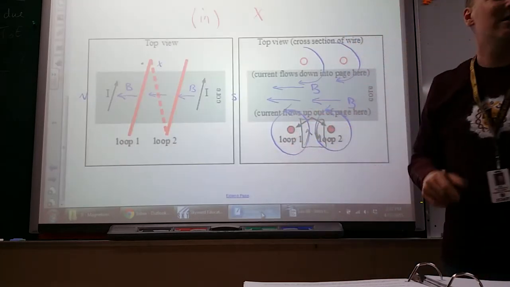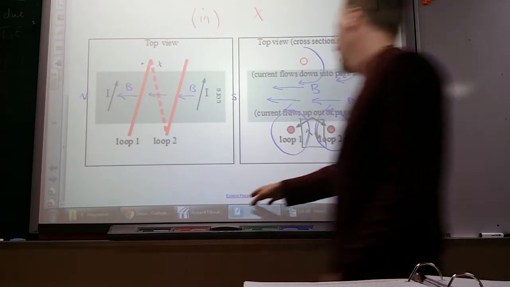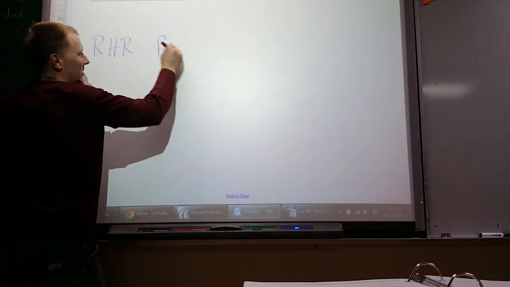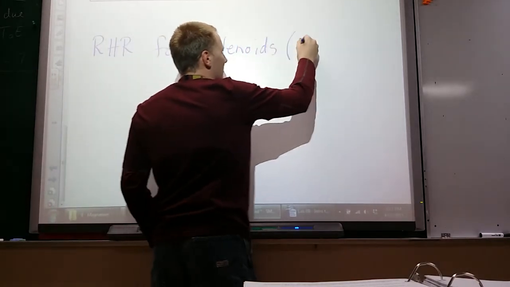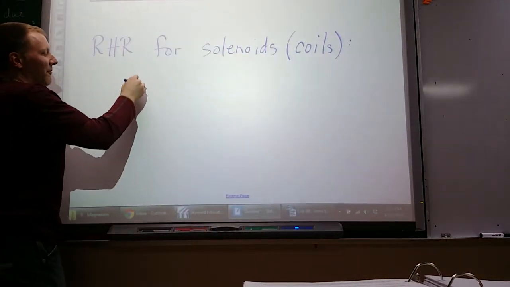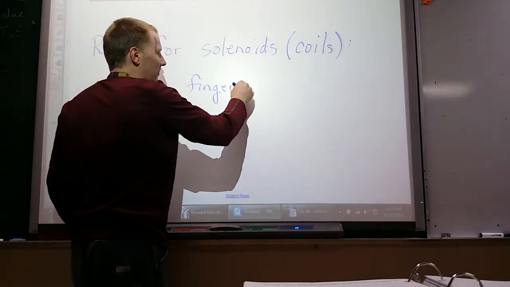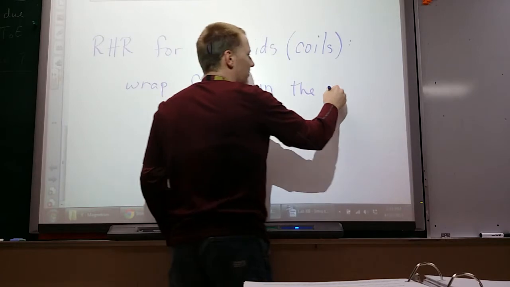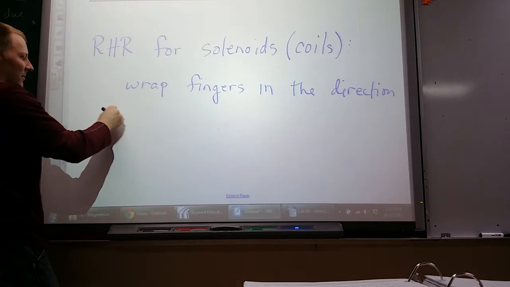There is an easier way to apply the right-hand rule when we have a coil of wire, which we call a solenoid. So here's the right-hand rule for solenoids, coils. Wrap your fingers in the direction of the current in the coil.